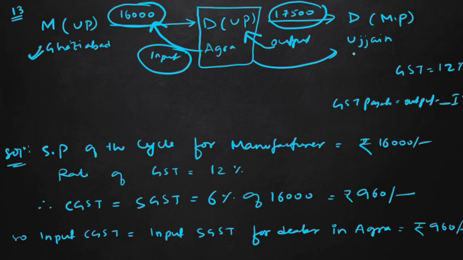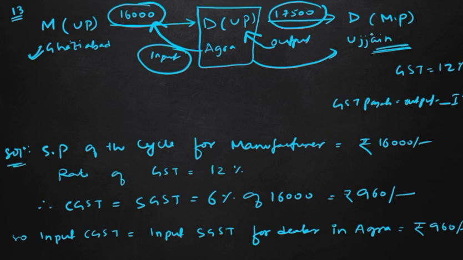The amount of tax paid on 17,500 will be the ITC for the dealer in Ujjain, and the tax collected by the dealer on 17,500 will be the output. But we need to find the ITC for Ujjain.